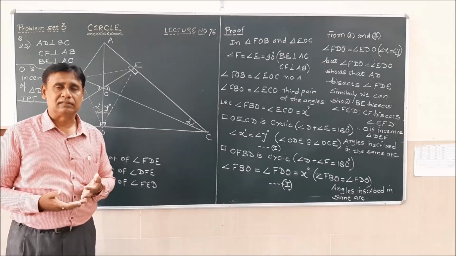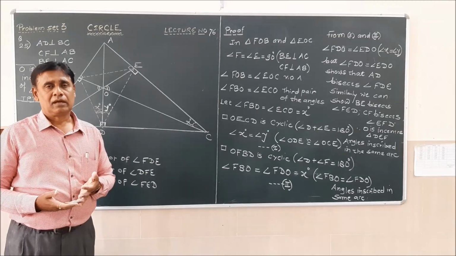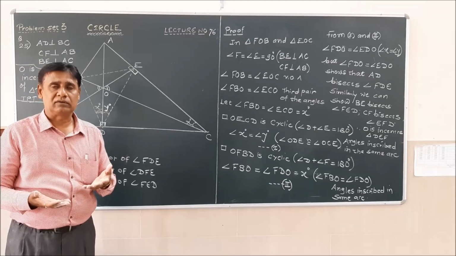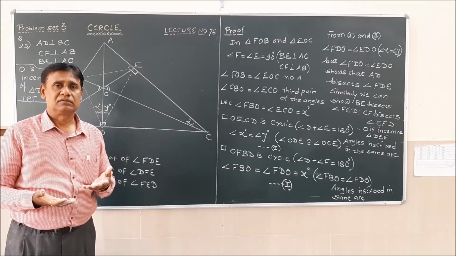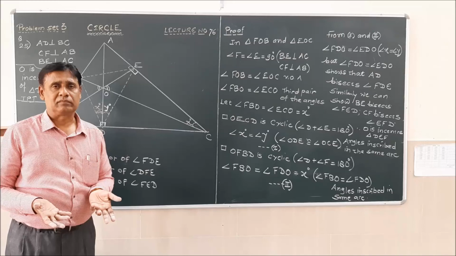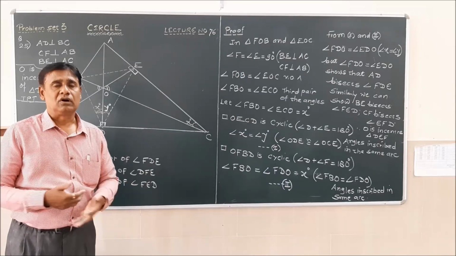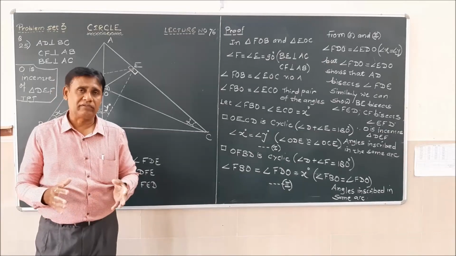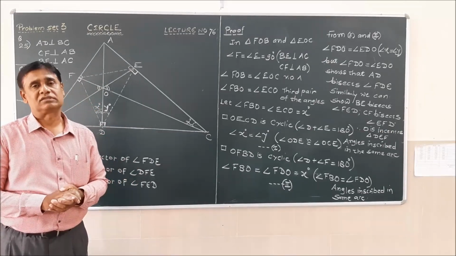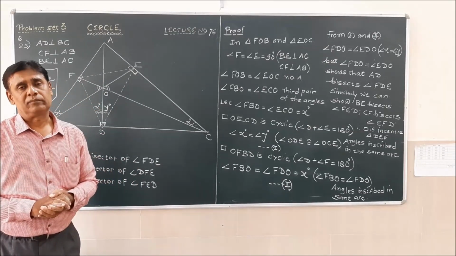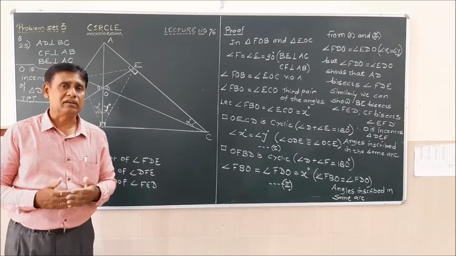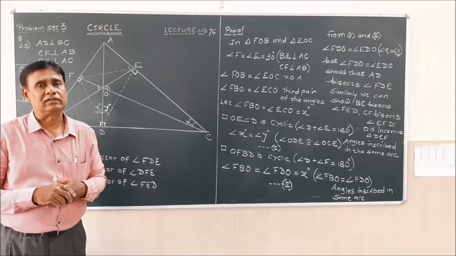Tangent, secant angle there. As well as very basic, that tangent is perpendicular to the radius. Very popular there, opposite angles of cyclic quadrilateral are supplementary. These all are very important things to understand. So please see that you have to revise this chapter every now and then.